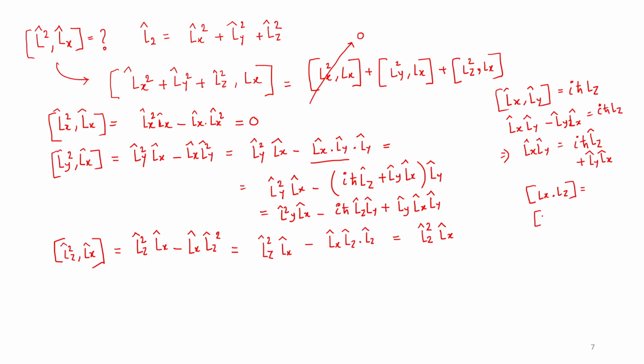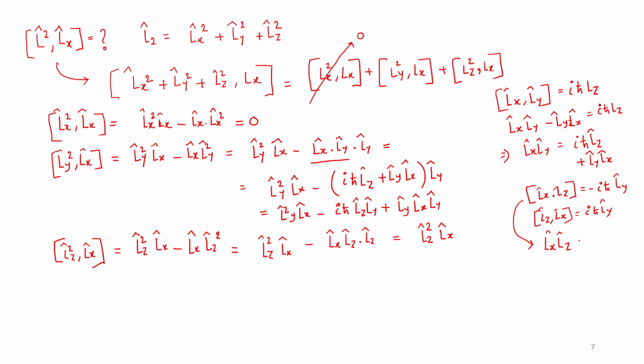Remember, we know Lz Lx as iħ Ly. So Lx Lz will be the negative of that, and we will get minus iħ Ly. From there we can write that Lx Lz, I am forgetting the cap somewhere and writing it somewhere.